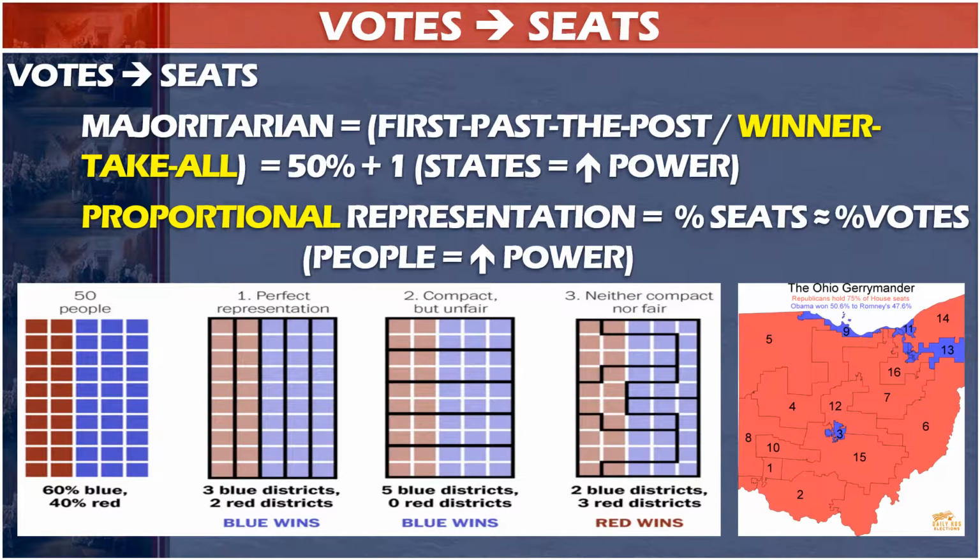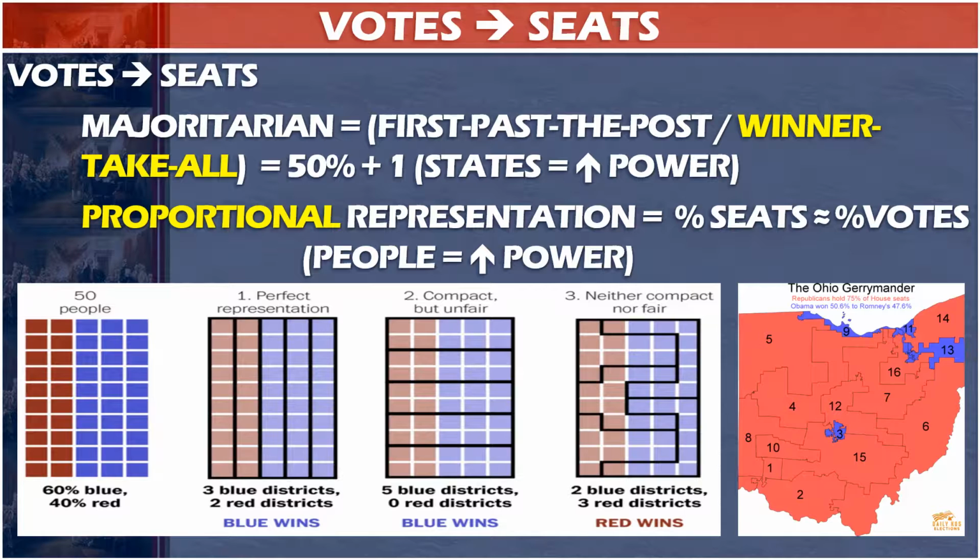The second kind of issue is how you turn votes into seats. And there's two basic ways to do this. The first is common in English-speaking democracies, such as England and the United States, and the other is more common in Western Europe and other major industrialized democracies of the world, which is called proportional representation.